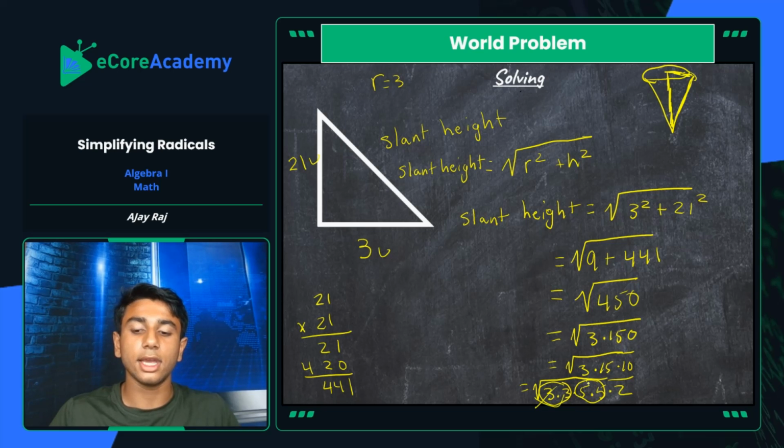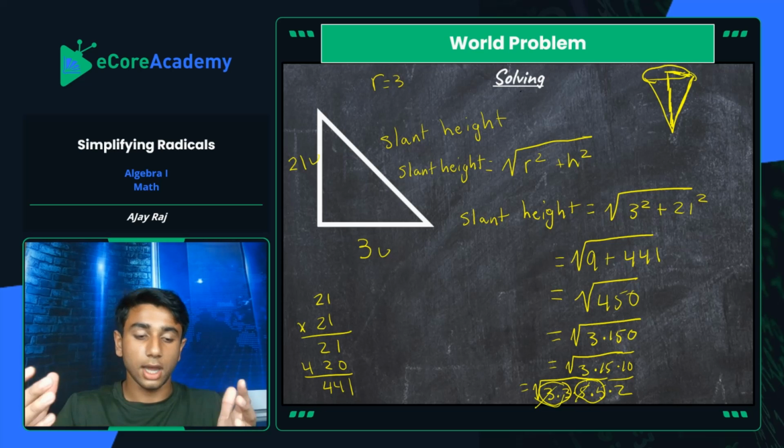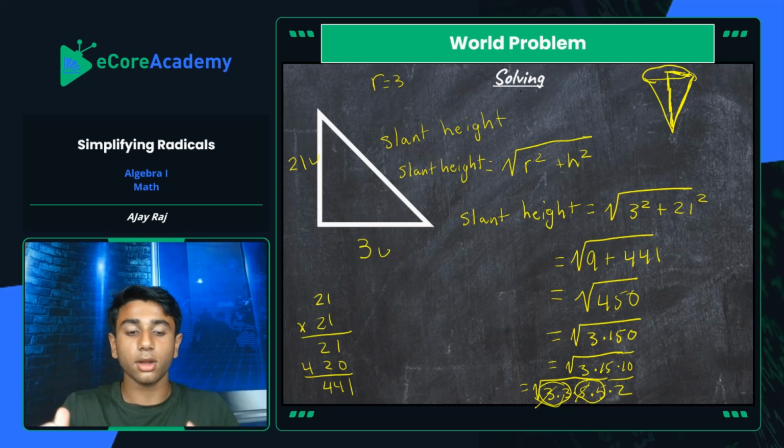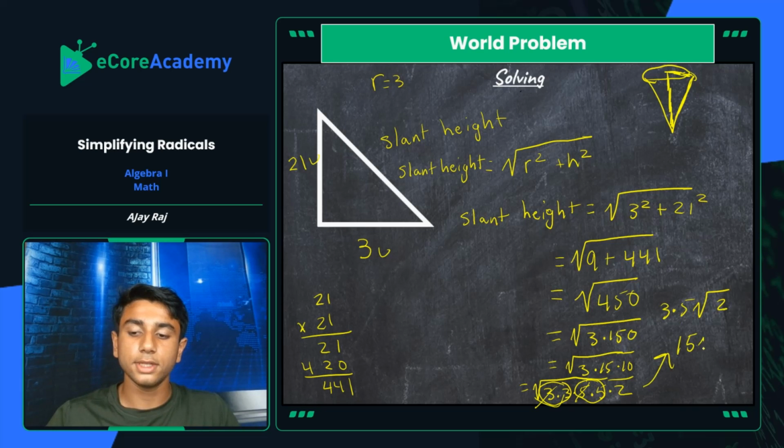We can cancel out one of the 5s and take the other 5 outside, because 3 times 3 is 9, and 9 is essentially 3 squared. So we can take out one of those 3s and cancel out the other one. So when we take that here, it simplifies to 3 times 5 times the square root of 2. 3 times 5 is 15. So we're left with 15 times the square root of 2 as our slant height, in our units.